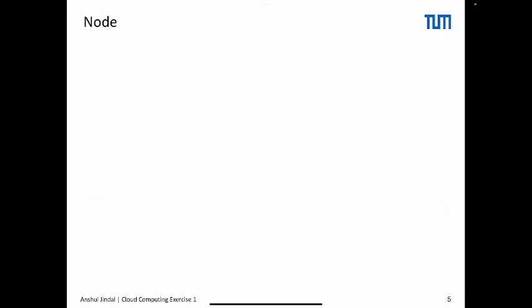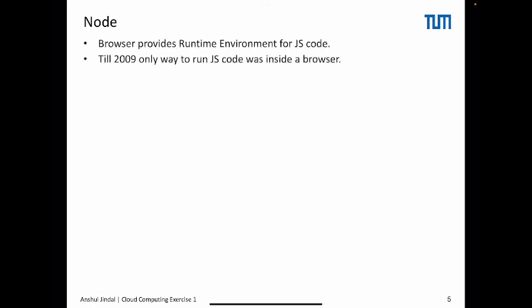So the next question is, how does Node.js come into the picture? As you have seen, JavaScript only runs in the front end, and the back end is a different language. Until 2009, the only way to run JavaScript code was in the browser itself.